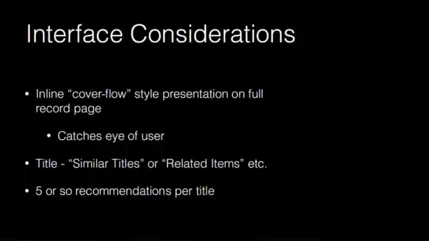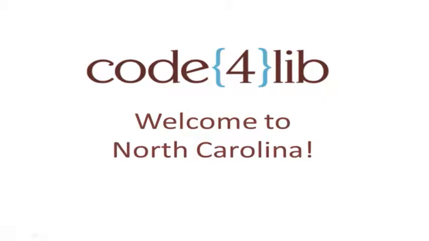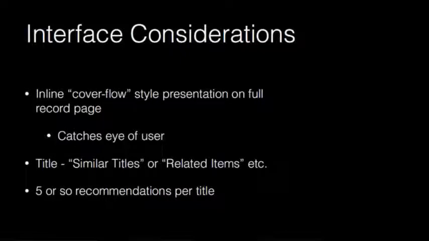One thing they almost unanimously liked was seeing a few suggested titles on the full record page rather than having to click through a link to see related titles. So this catches the eye of users. A title such as similar titles or related items, and maybe 5 recommendations or so, or maybe 10 with some scrolling.